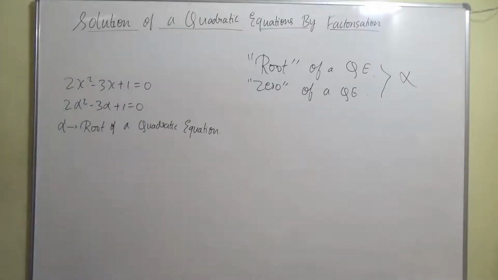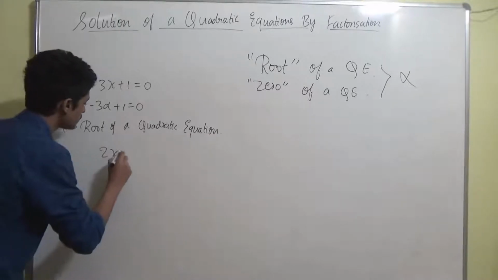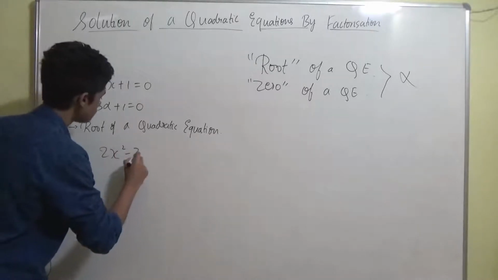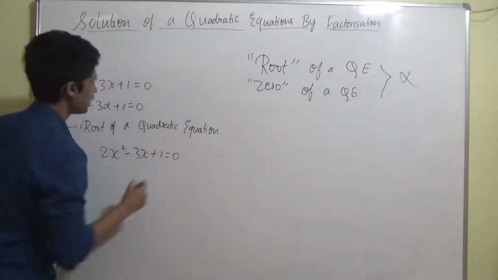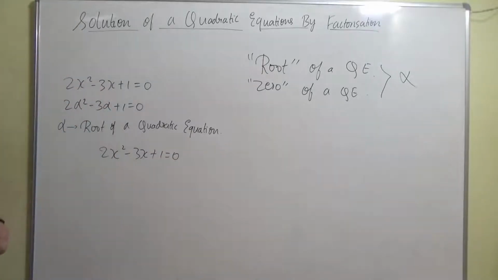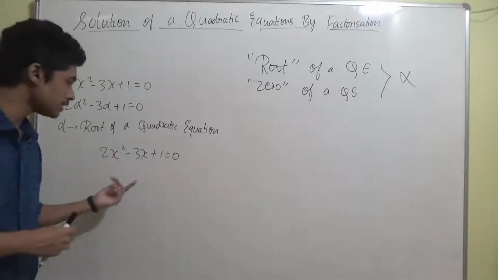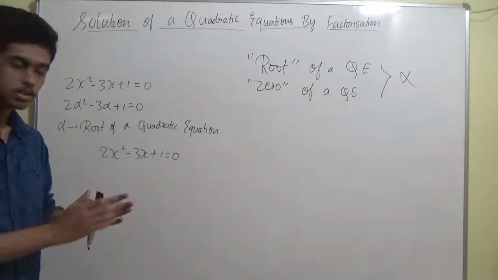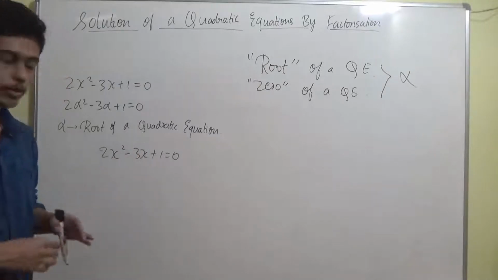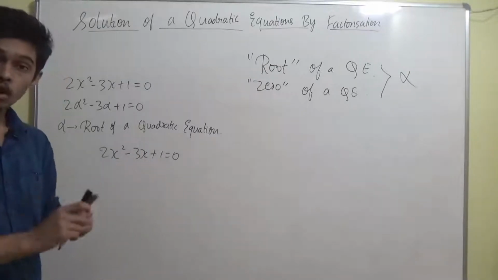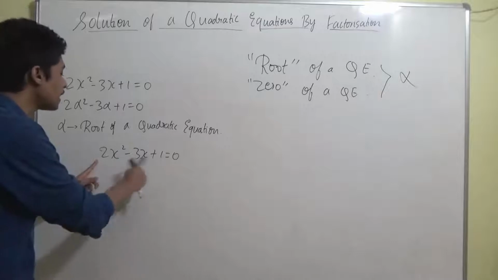Now guys, for example, let's take this equation and try to solve it using factorization of the middle term, right? If you remember how we should factorize, we have to split the middle term in such a way that its sum should be equal to the original middle term itself, and its product should be equal to the product of a and c.